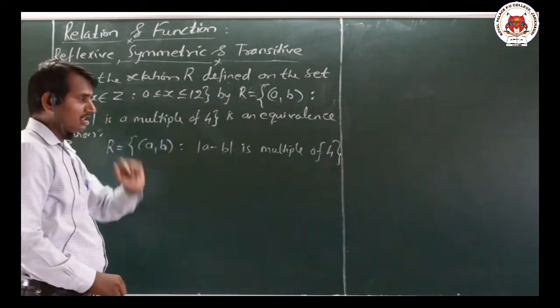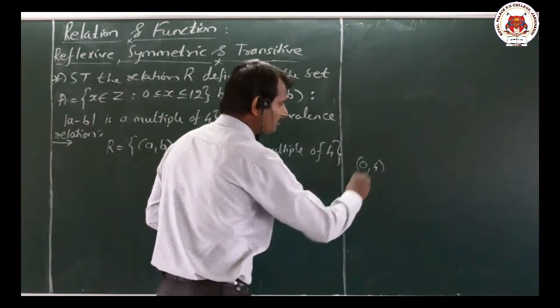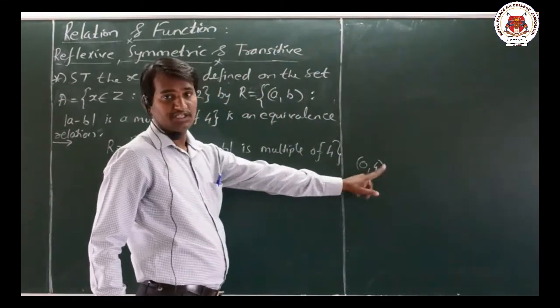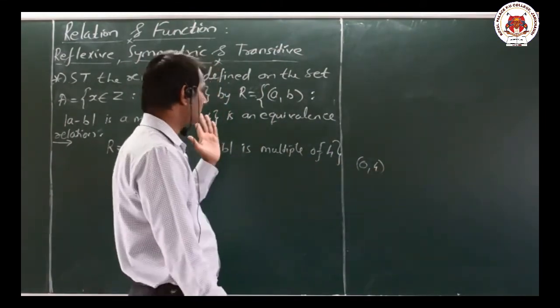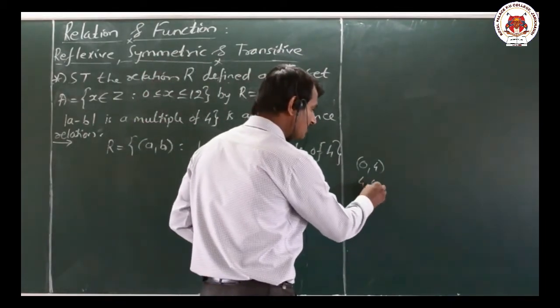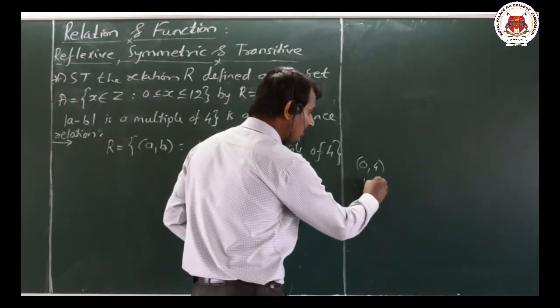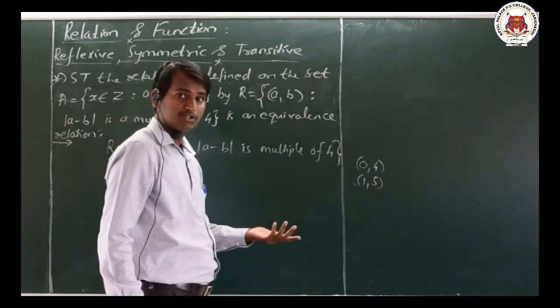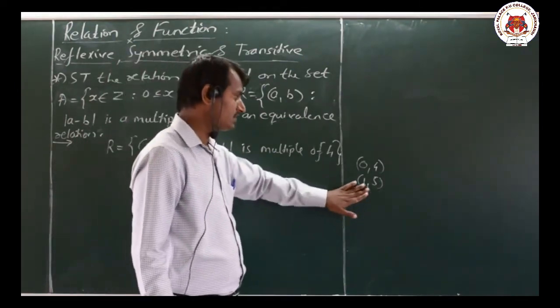For example, I can write 0 comma 4, that is 0 minus 4, the value will be 4 only, and it is a multiple of 4. Similarly, you can take 4 comma 0 also, nothing wrong in that. Then you can take 1 comma 5, 2 comma 6, 3 comma 7, and so on.